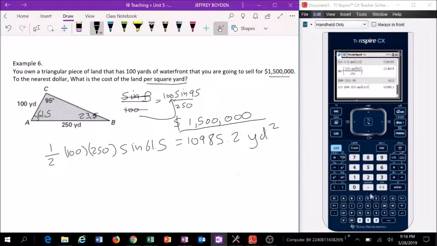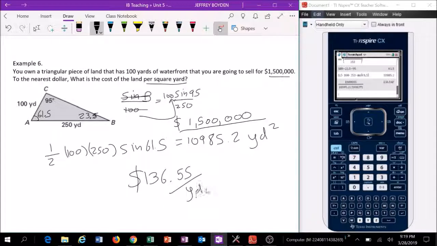So all I need to do in the calculator for that is 1500000 divided by, and I can go back and pull that answer in. And so we're paying $136, and it looks like that rounds to 55 cents per square yard. That is the unit cost for our land.